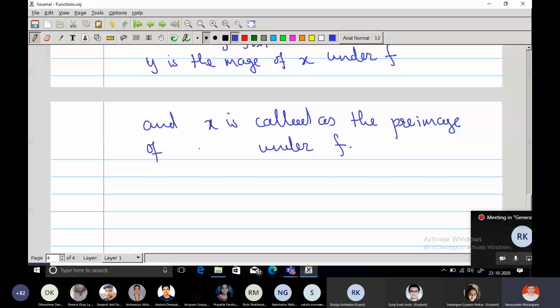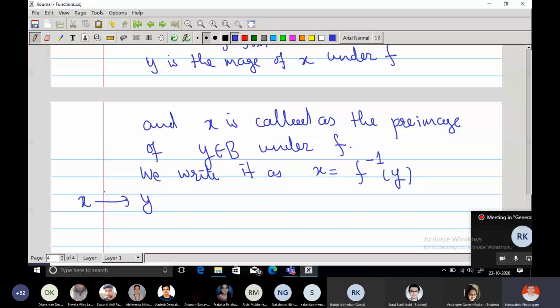So we are talking about the function f. So we write it as x is equal to f inverse of y. If you apply the inverse process, what happens is f sends x to y, that means f assigns x to y, and if you follow the inverse process, y corresponds to x, right?